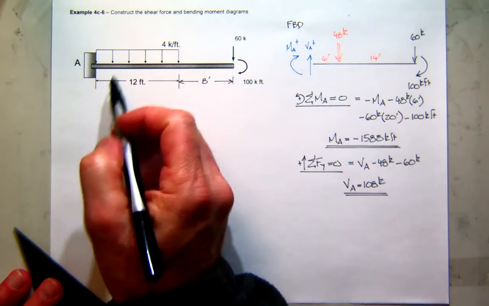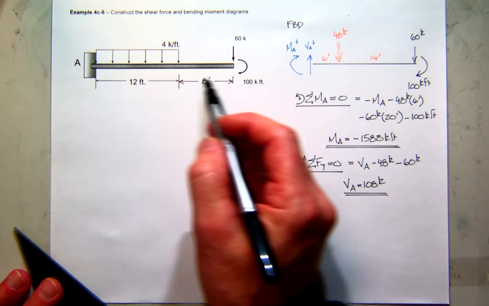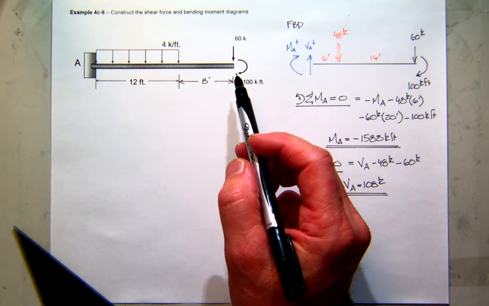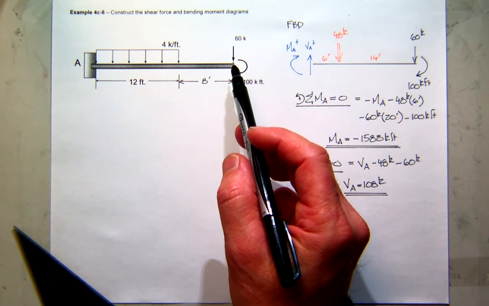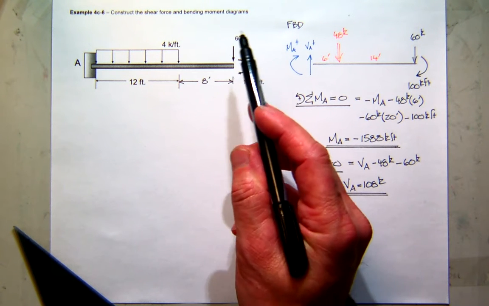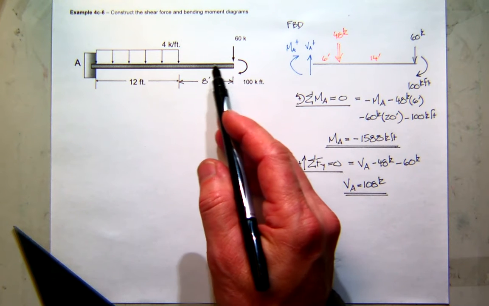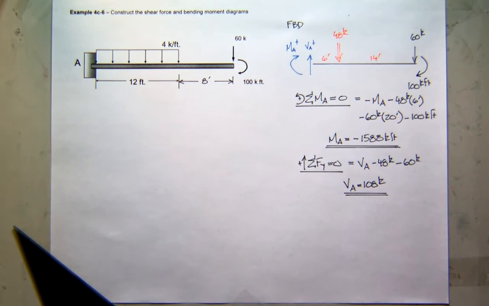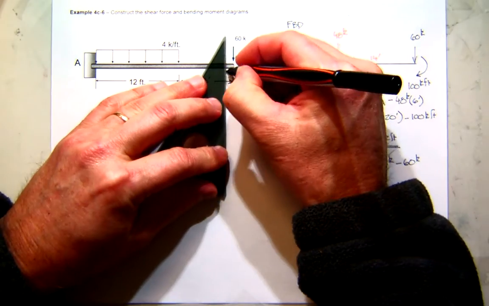And that's positive shear force. So now I know where I'm starting. I get all the way over here on the end. What should my shear force be when I get to the end of my beam? Remember, my beam is going to come up just to the left of it. On the left side, positive shear force would be up, right?